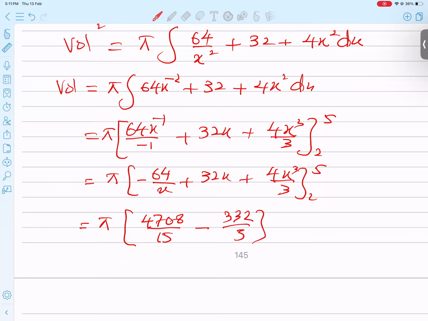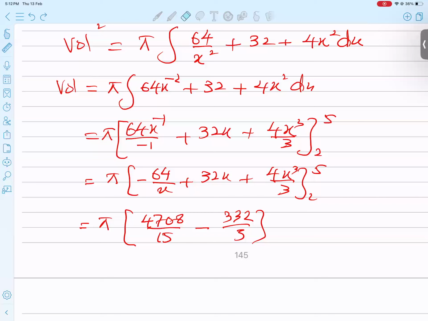Wait a minute. If I check it, 4708 divided by 15 minus this answer I got, wait a minute, I think I will check again. Maybe a typing mistake. This part is a mistake only. By mistake, I plugged in 3. I have to plug in 2. So let me recheck.